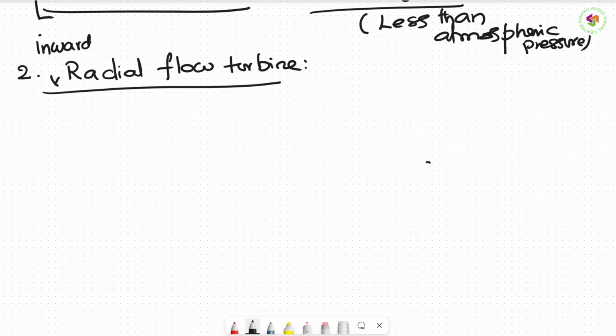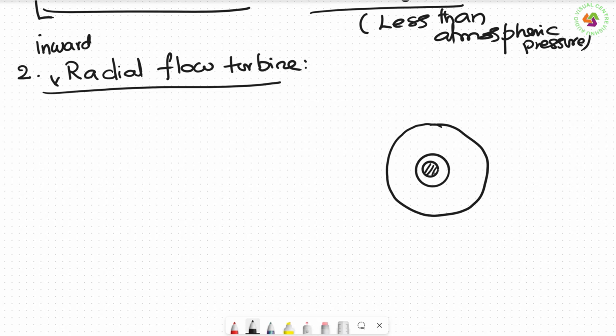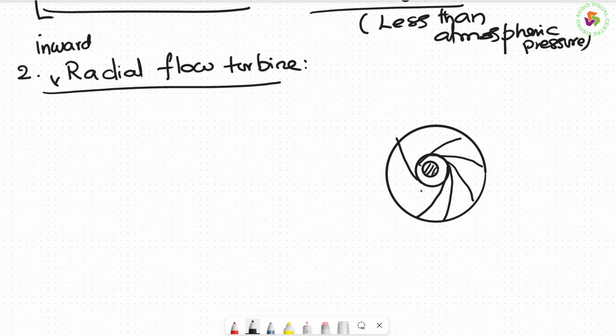For example, this is the shaft, and over the shaft this is how the runner is. These are the runner blades. Now water enters at the outer periphery and moves radially towards the center.